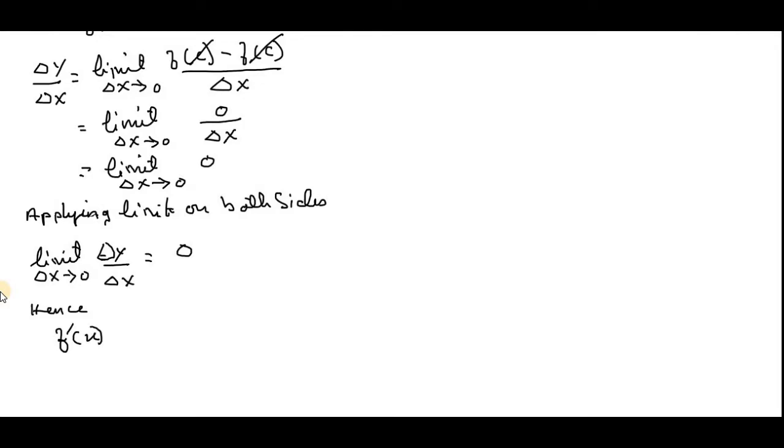Hence we get the derivative f dash of x is equal to 0. This shows that the derivative of a constant function is always 0. So we have proved.